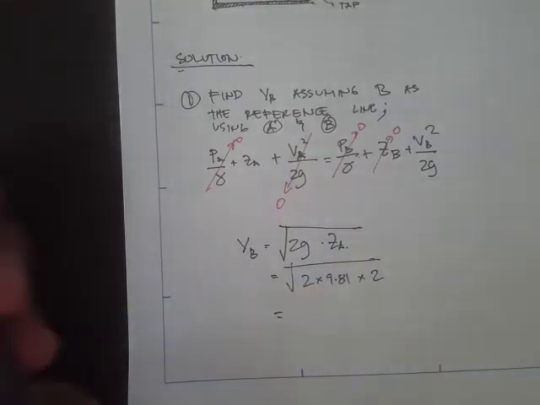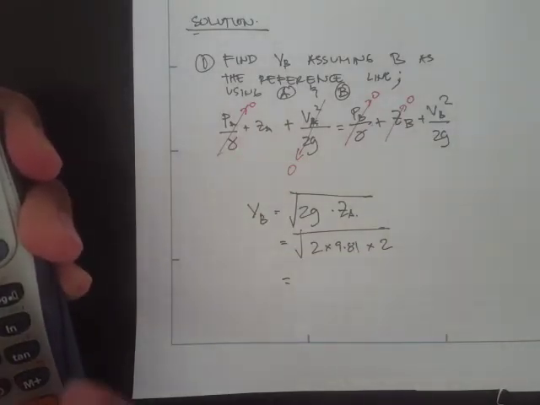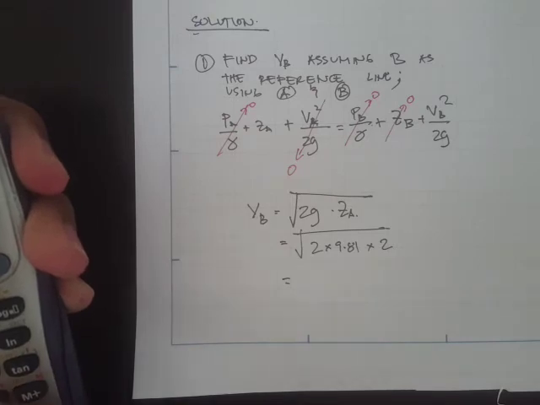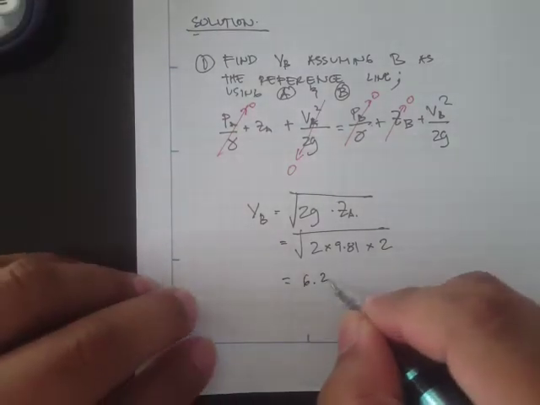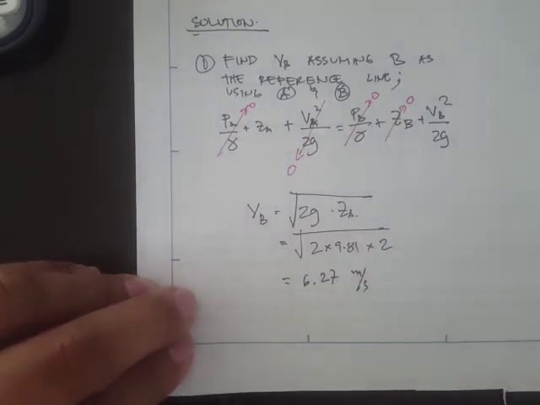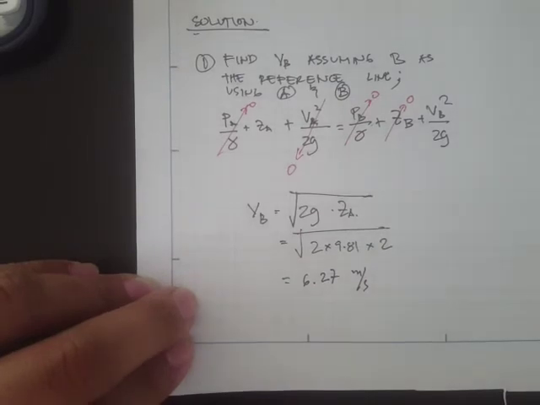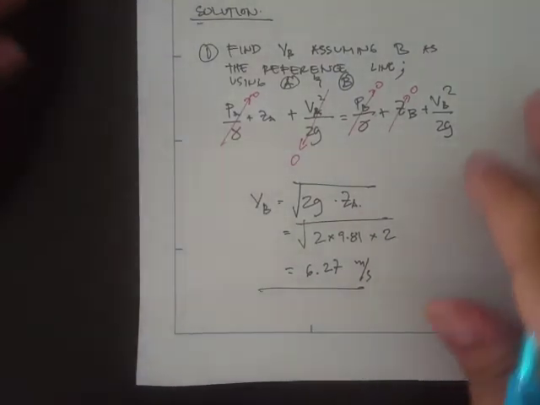That's 2 times 9.81 times 2, which is 6.27 meters per second. Okay, so this is our velocity at B.